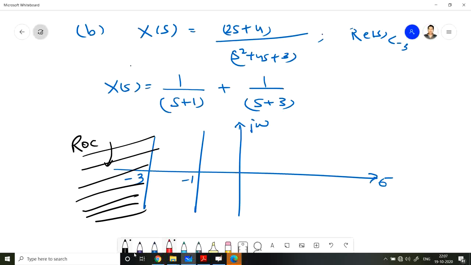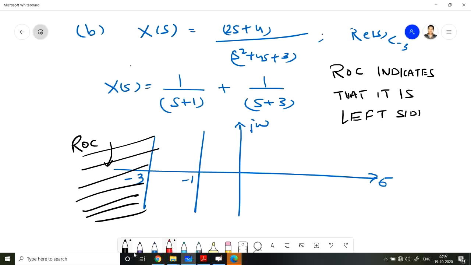Now basically the ROC indicates that it is a left-sided signal.